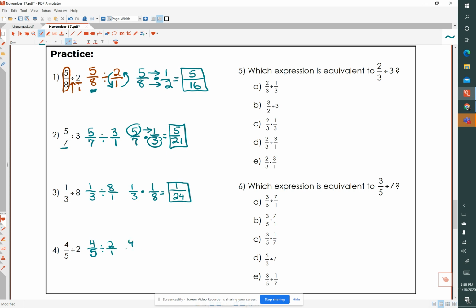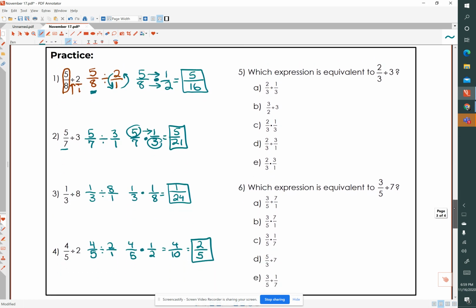Then we'll rewrite the problem as multiplication, changing the division to multiplication and inverting the second fraction. I don't see any opportunities for cross canceling, so I'll just multiply across. 4 times 1 equals 4. 5 times 2 equals 10. 4 and 10 are both divisible by 2. 4 divided by 2 is 2. 10 divided by 2 is 5. And 2/5 is our final answer.